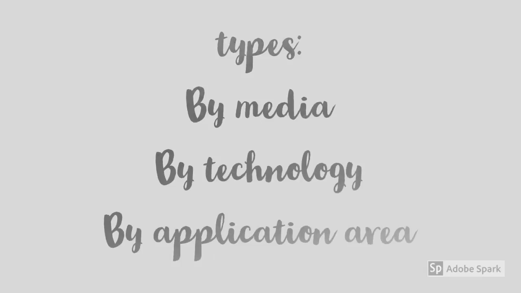Here are some of the types of communication system, which means where the communication system is most available or most used: by media, by technology, and by application area.